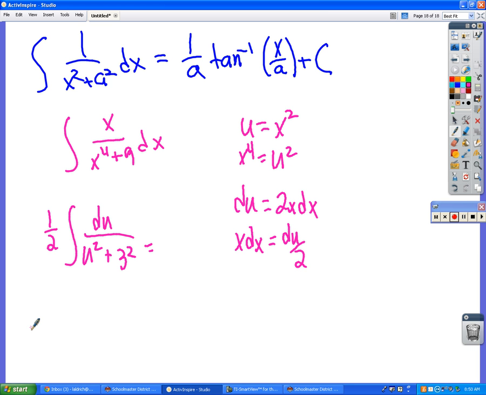But I already had a 1/2 there, so that's going to make it 1 over 6, and the inverse tangent of x over a, which is x over 3, plus c. Oh, no, because we have u, that would be u over 3. But u is x squared, so it should be x squared over 3.